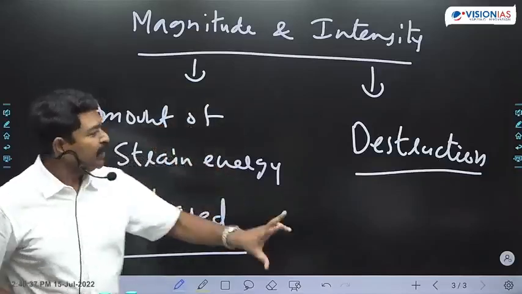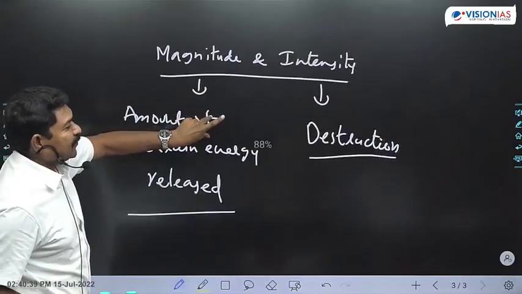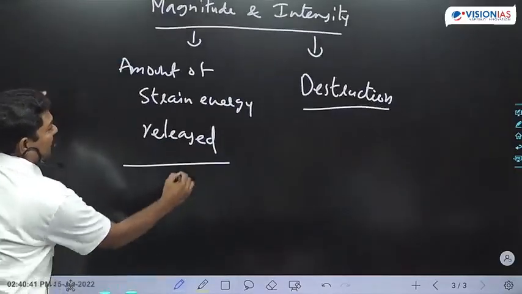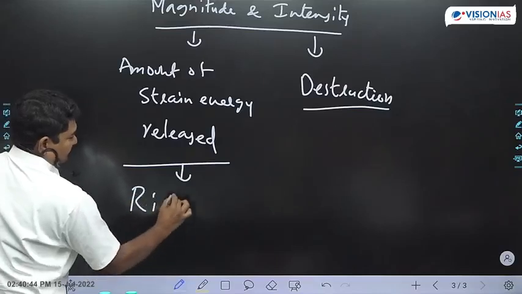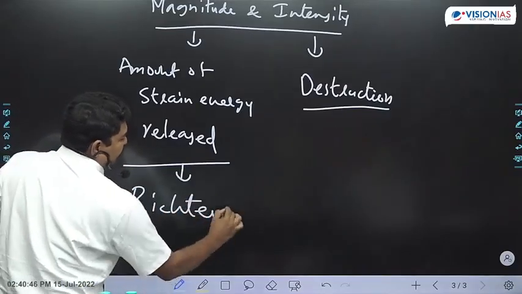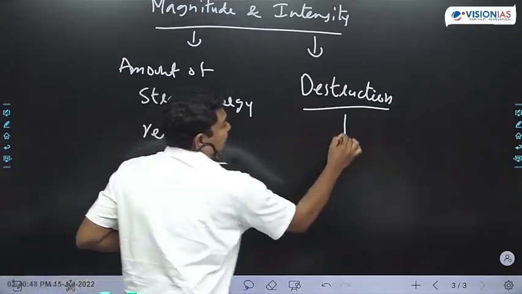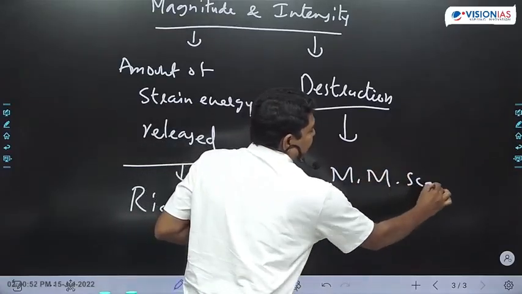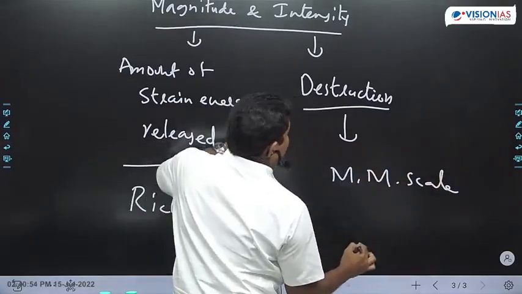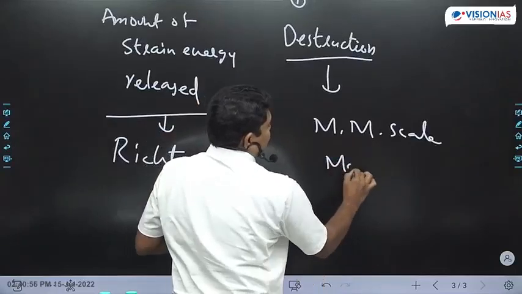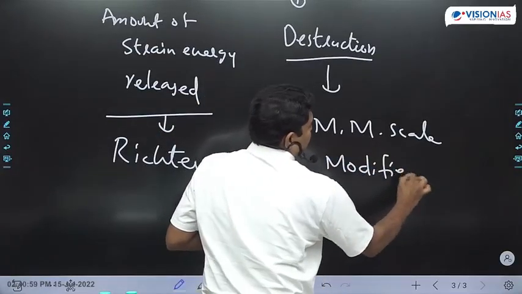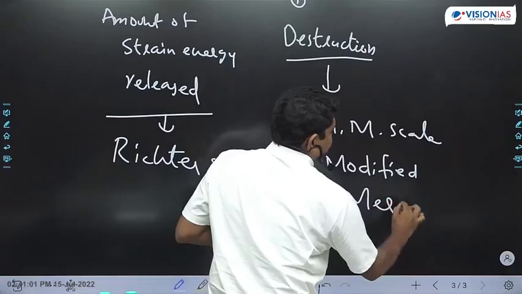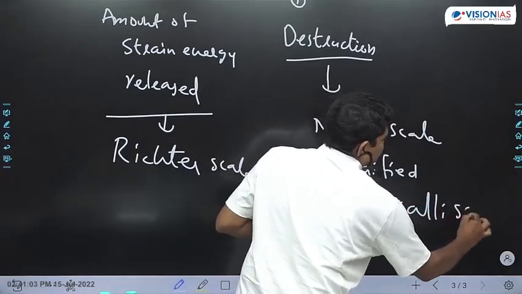Is it clear? Magnitude is measured with the scale called the Richter scale, whereas intensity is measured with a scale called the modified Mercalli scale.